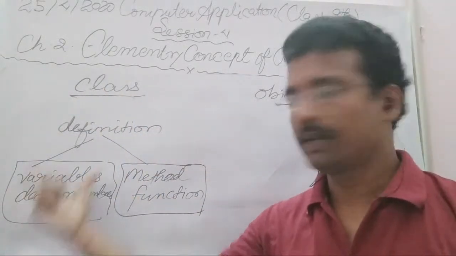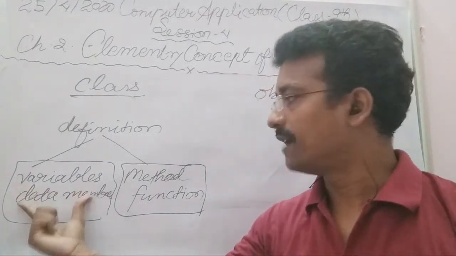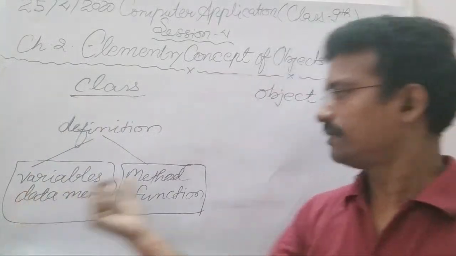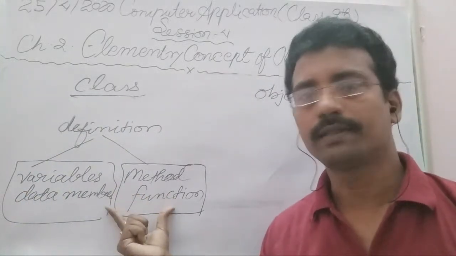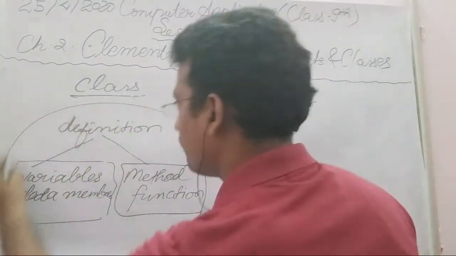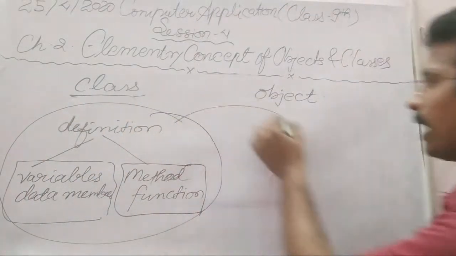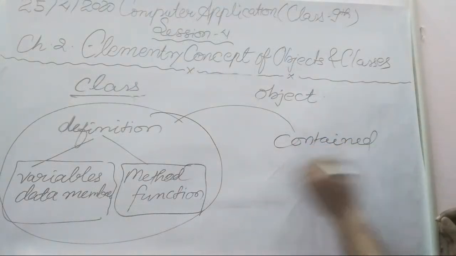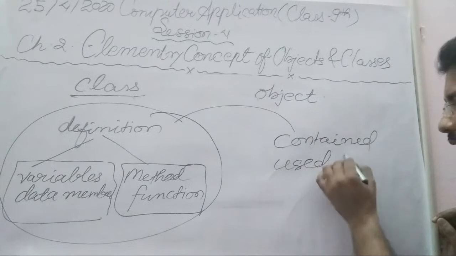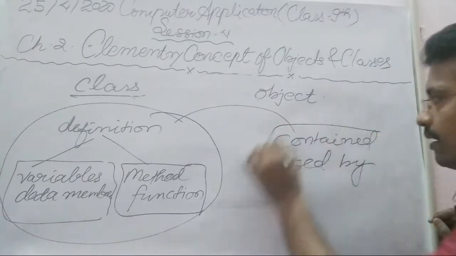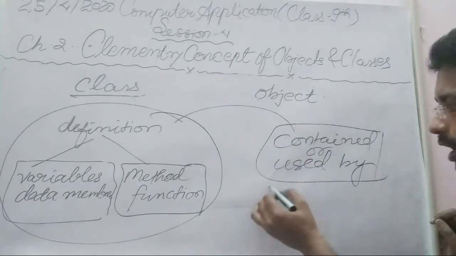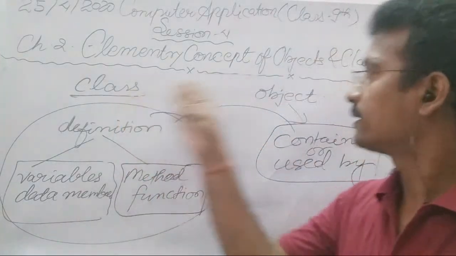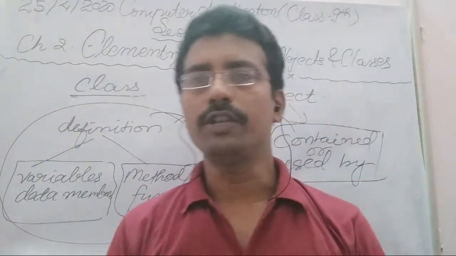Class defines the variables and methods for the class, and this total definition is contained by, or used by, the object. So this way class and object are related to each other.